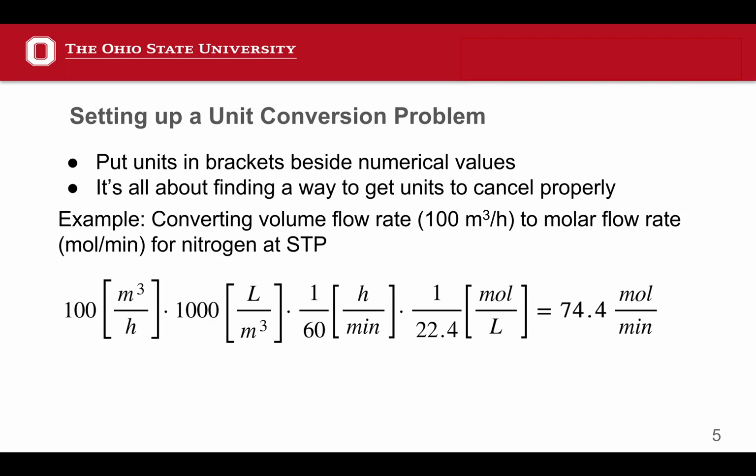So in order to get volume flow rate in terms of liters, we apply this 1,000 liters per cubic meter conversion factor, and then also apply our conversion factor for hours to minutes. And that gets us into the right units for time. You'll notice that I actually use the reciprocal of 22.4.